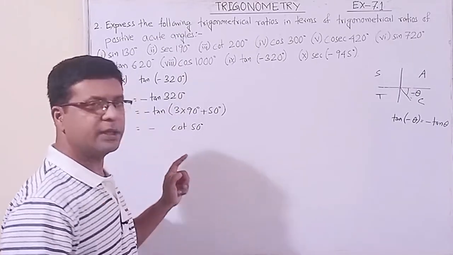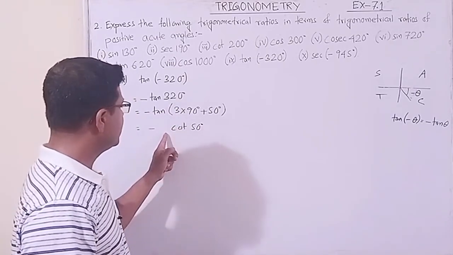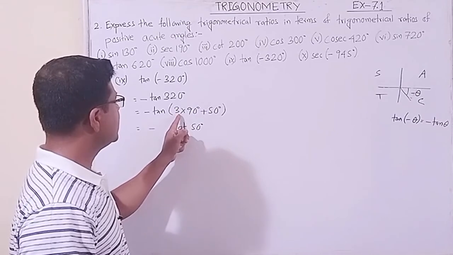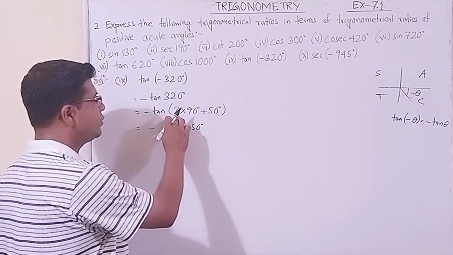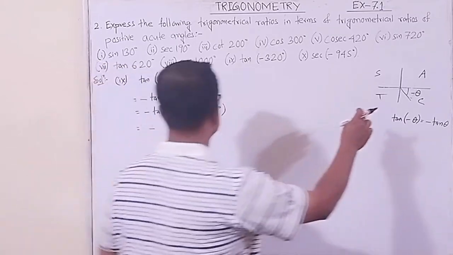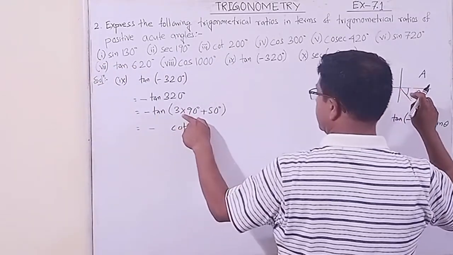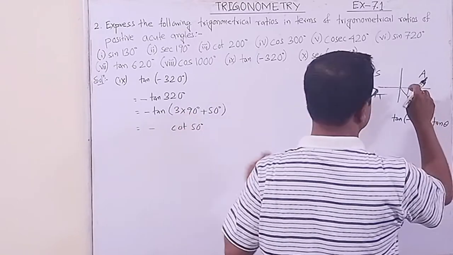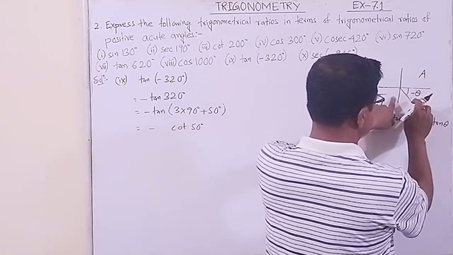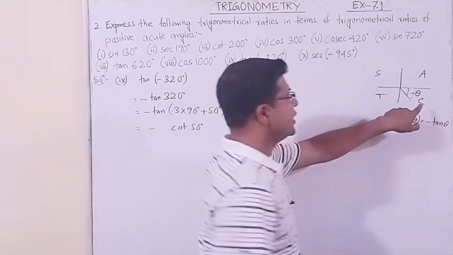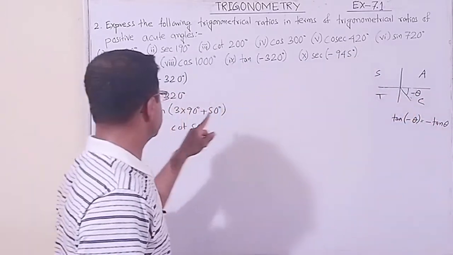Let us see. To find the sign, we have to see where it is located. It is in which quadrant? This is in the fourth quadrant. 3 plus 1, 4. At first we have to move 390 degree, 1, 2, 3, 390 degree plus 50. So we have to move to the fourth quadrant. In the fourth quadrant, only cos is positive.